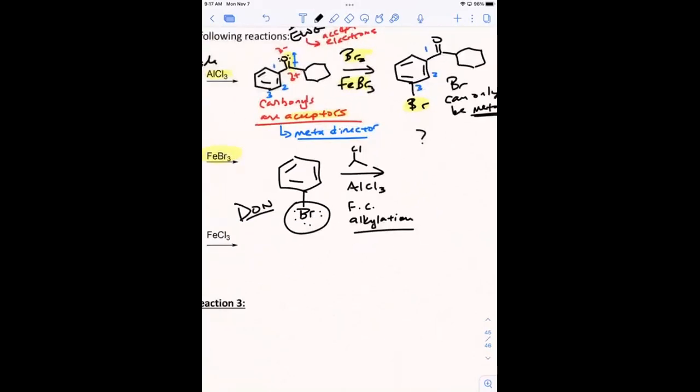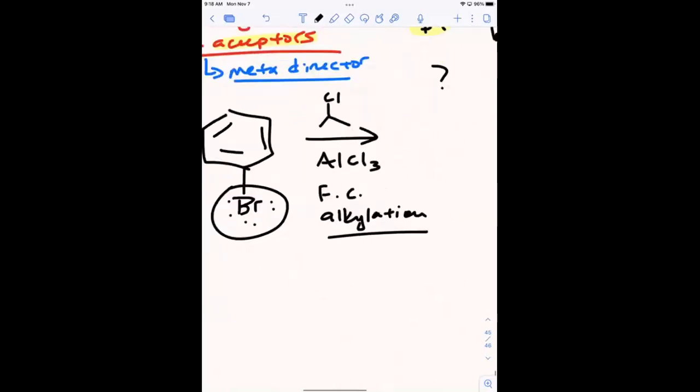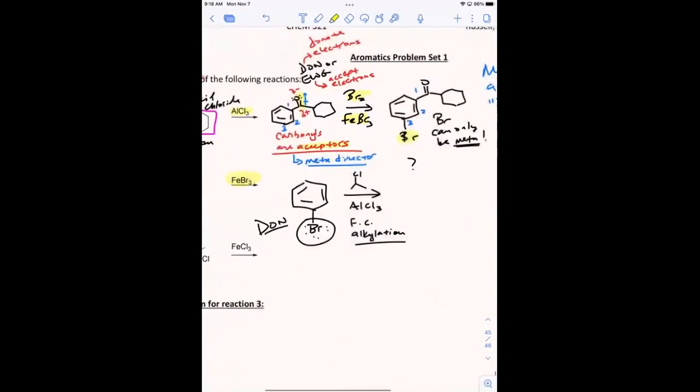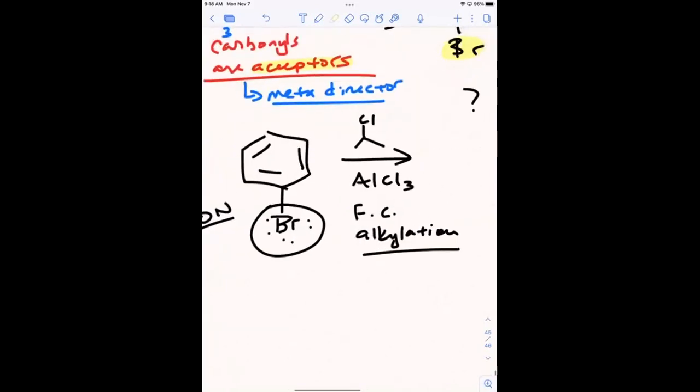If there's a donor on the ring, bromine is a donor for aromatics. Where is the alkylation going to take place? Let's answer that first, then we can draw the products. The 3rd carbon. So if it's the 3rd carbon, let's number them: 1, 2, 3, and 4. If there's a donor on the ring, the 3rd carbon actually is not going to be activated.